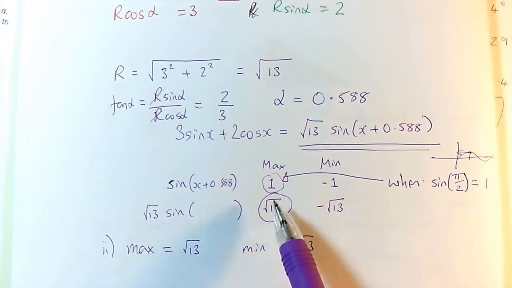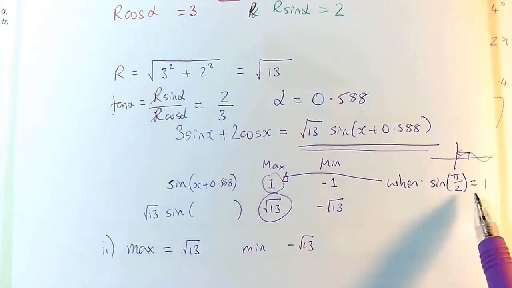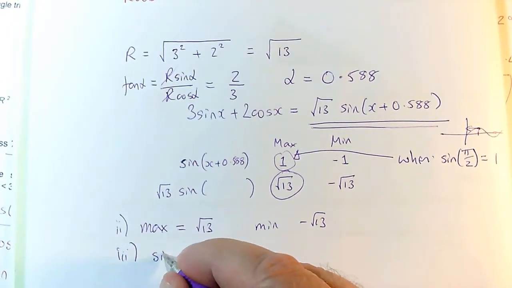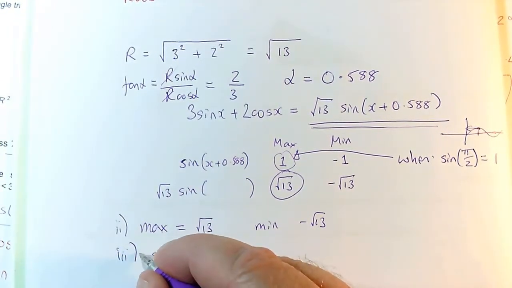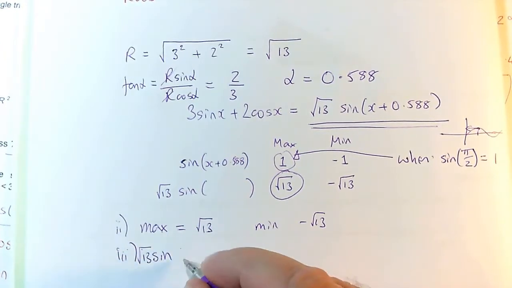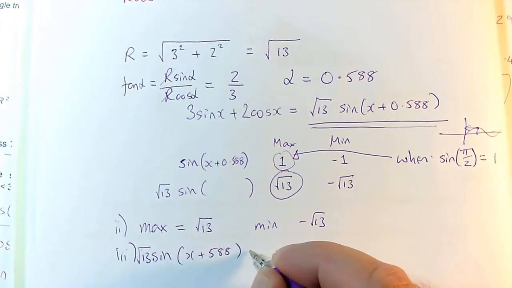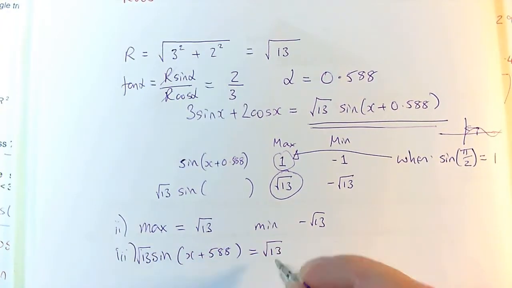So to get sine of bracket equaling 1, I could solve that as an equation. Once I know that the maximum value I'm after is root 13, that's the equation I'm solving.